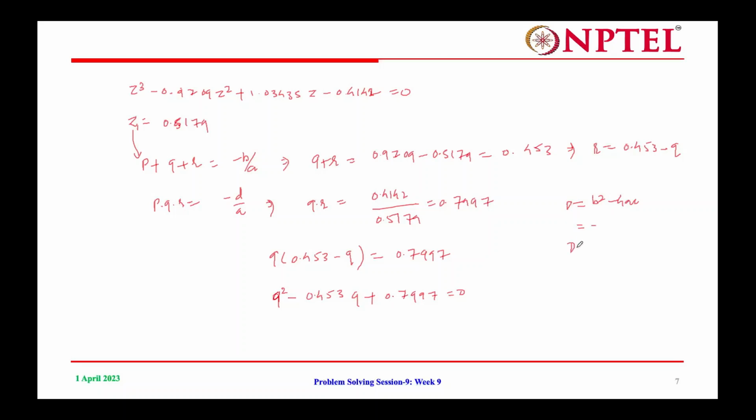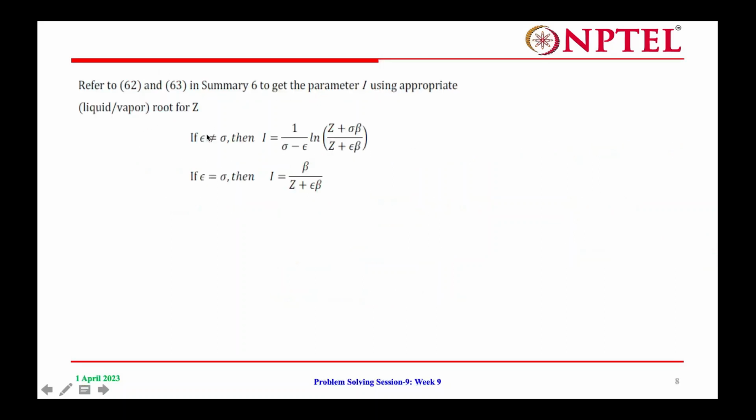This is minus, meaning D is less than 0. So there is a complex solution. We will get a complex solution. In this question we are asked for the vapor, and generally the higher root is the vapor. So we consider Z equal to 0.5179.